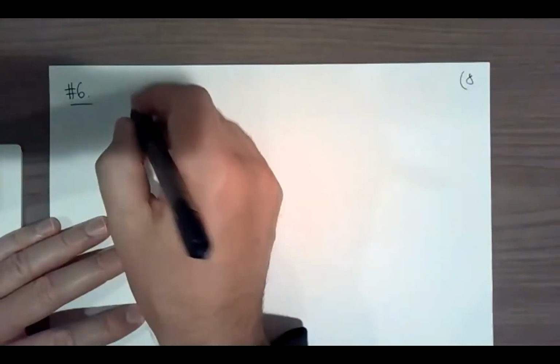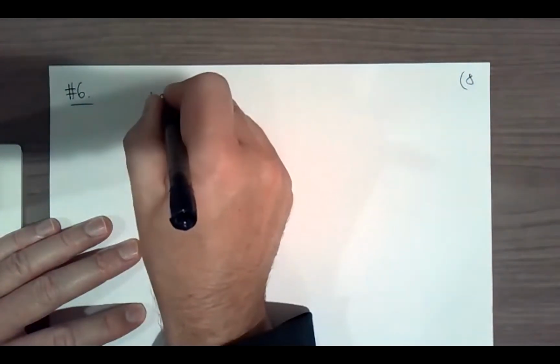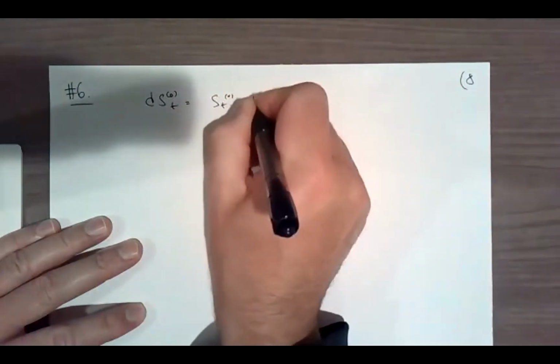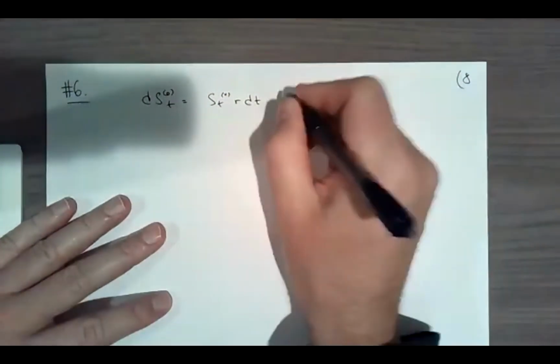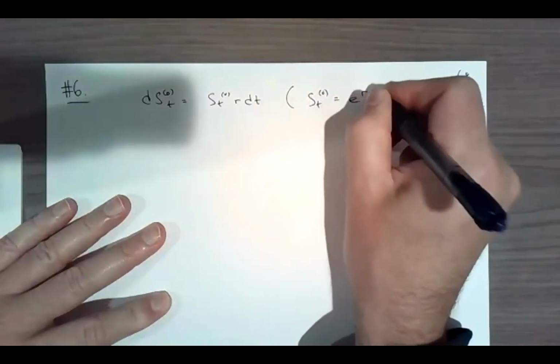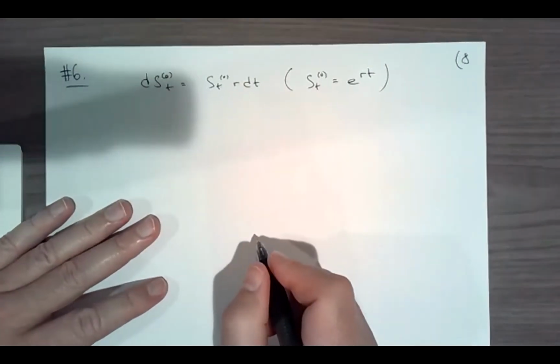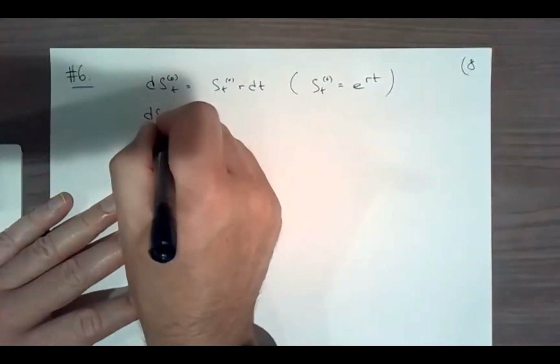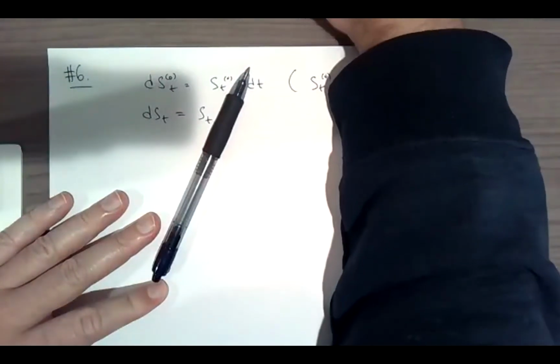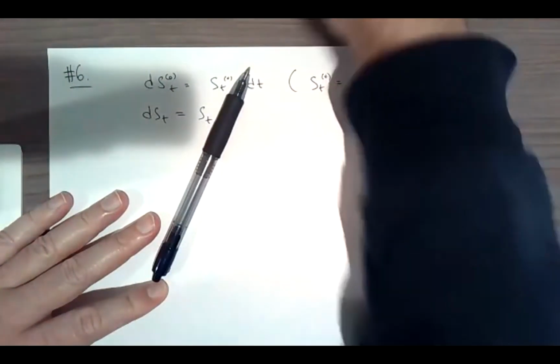So number 6, you're given two assets. You have your money market account. There's a constant interest rate. All right, so this here means that S_t is equal to e^{rt}, right? That's what that one means. The stock, on the other hand, is a geometric Brownian motion. Let me just look up this notation.